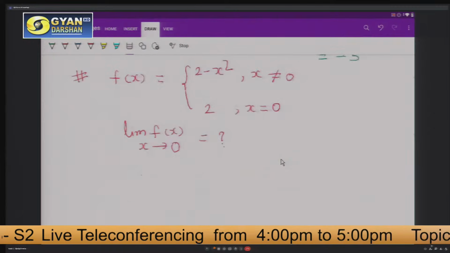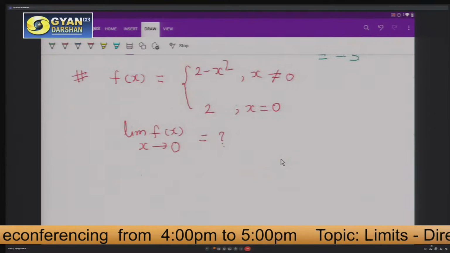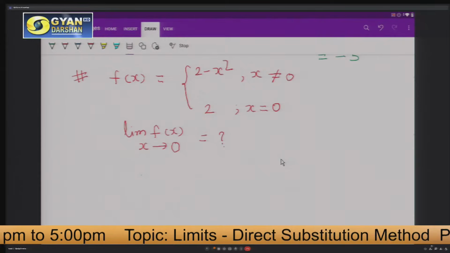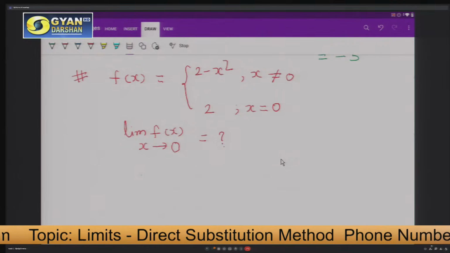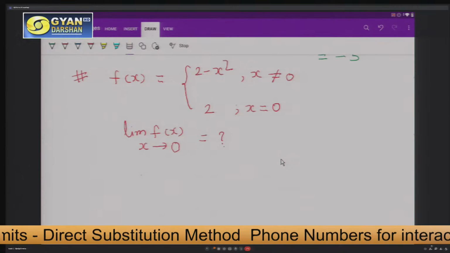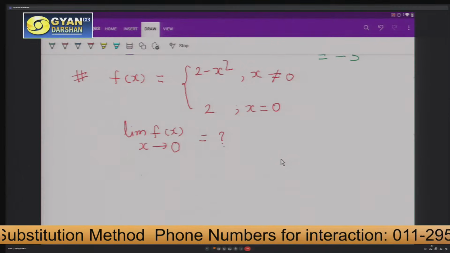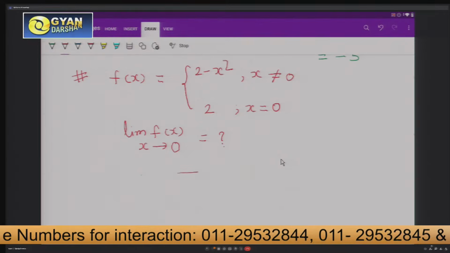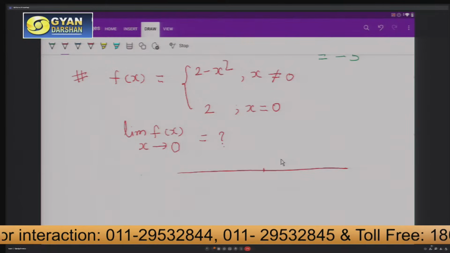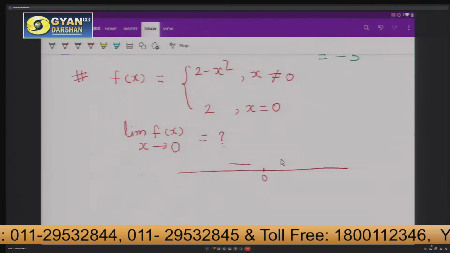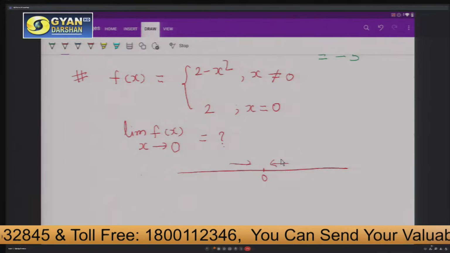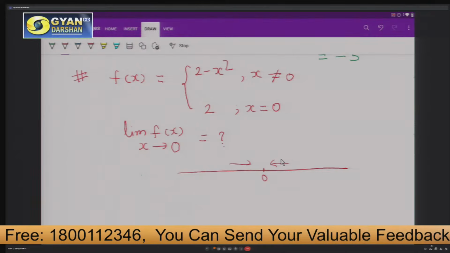Since the value of the function is defined like this, that if x is 0, then its value is 2, and if x is not equal to 0, its value is 2 minus x square. So it's the value of 0, either approaching from this side or this side. We have to take the limit when x approaches 0.